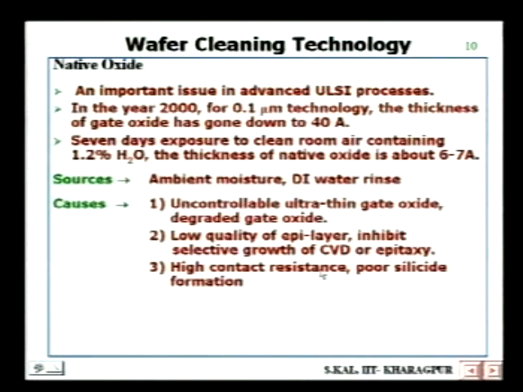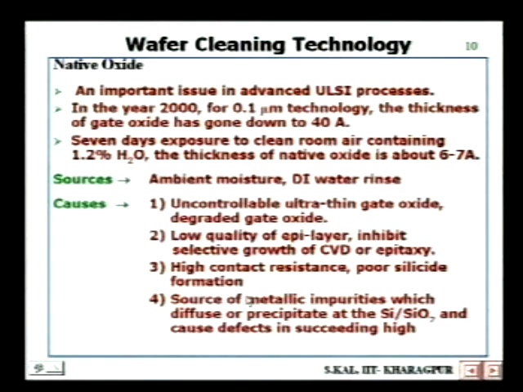Native oxide offers a high contact resistance and poor silicide formation. Another cause of concern is that native oxide is a source of metallic impurities which diffuse or precipitate at the silicon dioxide interface and cause defects in succeeding high temperature processes. So these are the various causes of native oxide.